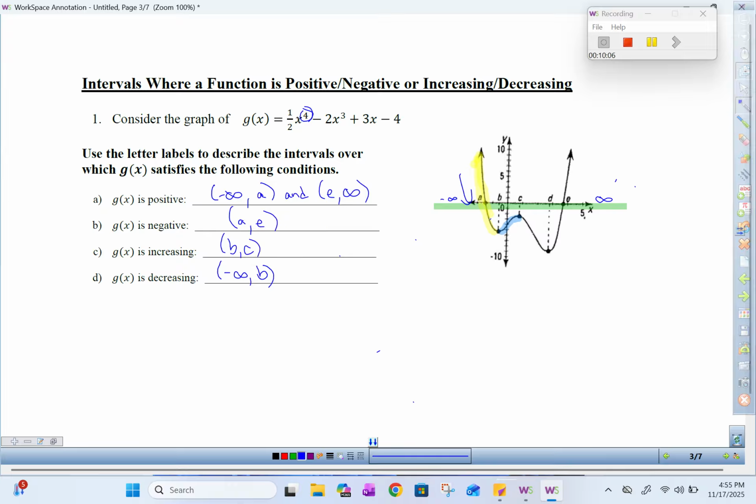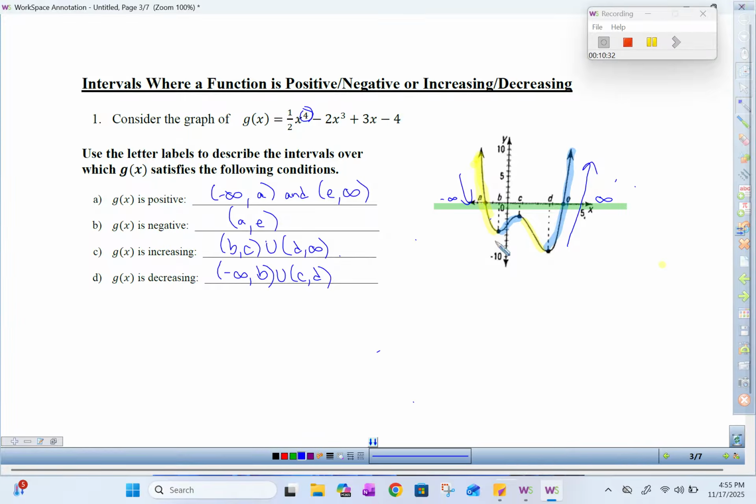And then from C to D, the next chunk, I'm decreasing again. And then I end increasing all the way to that positive infinity along the x-axis here. So from D to infinity.